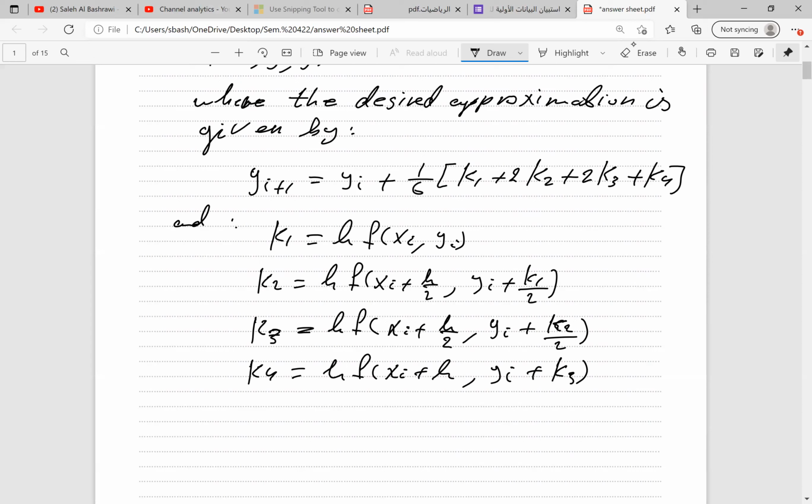And that's why this is called the fourth order Runge-Kutta method, because we have to find 4 approximations, or 4 values. Then we use these 4 values to find the needed approximation.